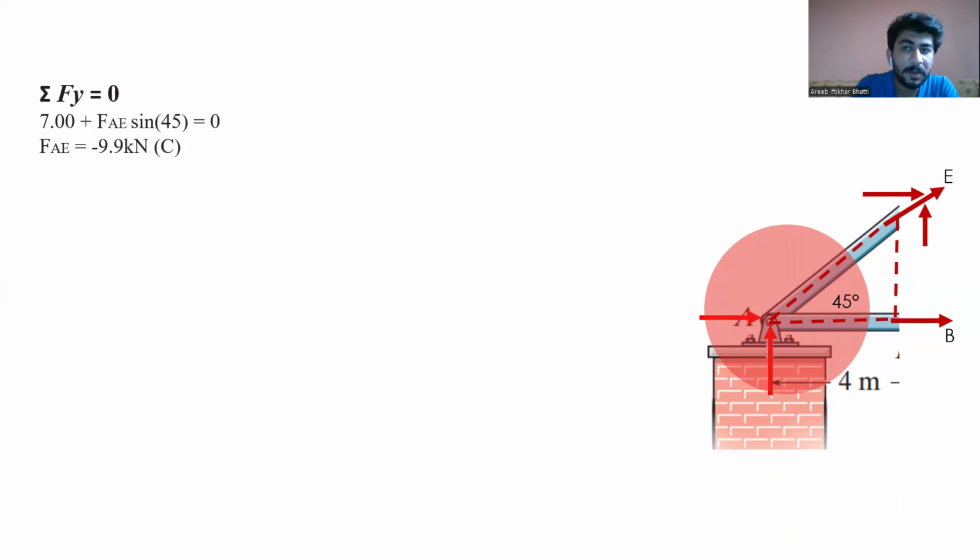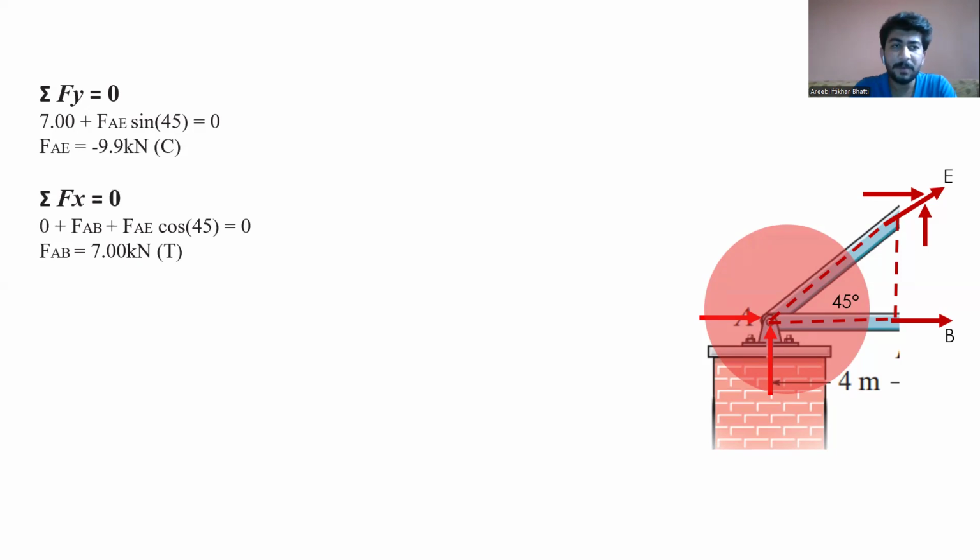When we apply force in the y direction, we get 7 kilonewton plus force in the member AE, which is the vertical component, sine of angle 45. So we get force in member AE equal to minus 9.9 kilonewton. You see that there is a negative sign in our answer, so it means that our member is in compression.